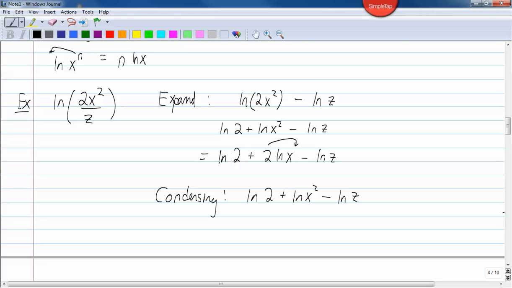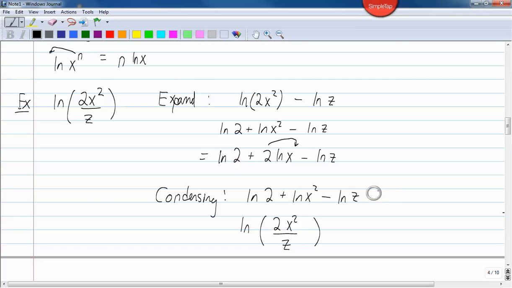Any logarithms that have a negative in front, you put all of those terms you're evaluating in the denominator, and you make a product of all of those terms in the numerator and in the denominator. So you see these two are positive here. So if I wrote this as 1 logarithm, it would be natural log of 2 times x squared. And then this one is negative here, so you put that one in the denominator.